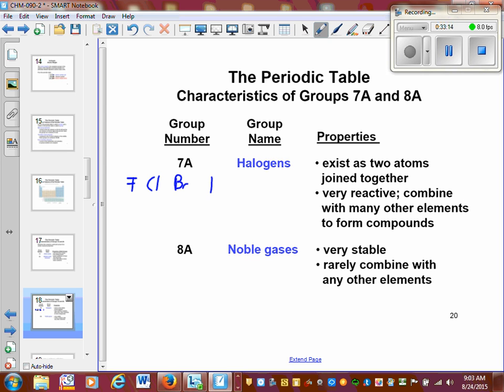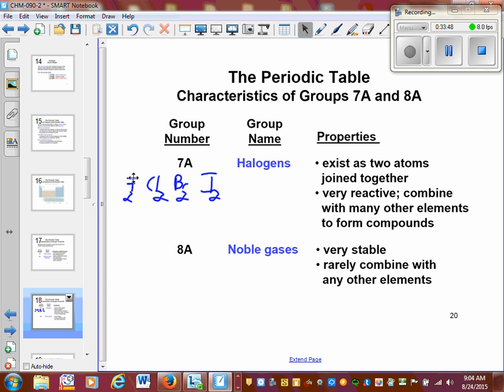But they all exist as F2, Cl2, Br2, I2. They don't exist as individual atoms. They exist like that, called diatomic. There's 3 others: hydrogen, oxygen, and nitrogen.